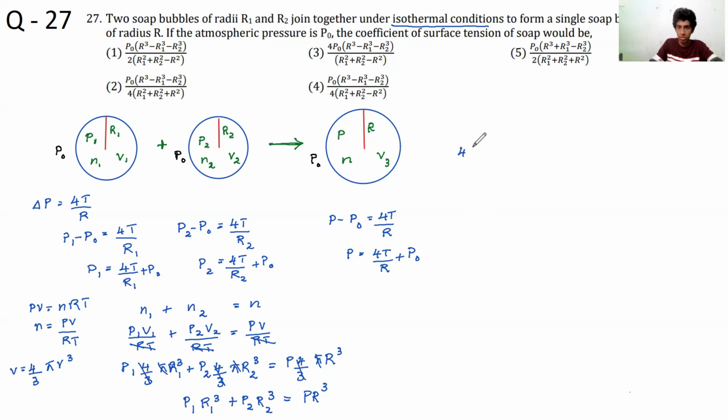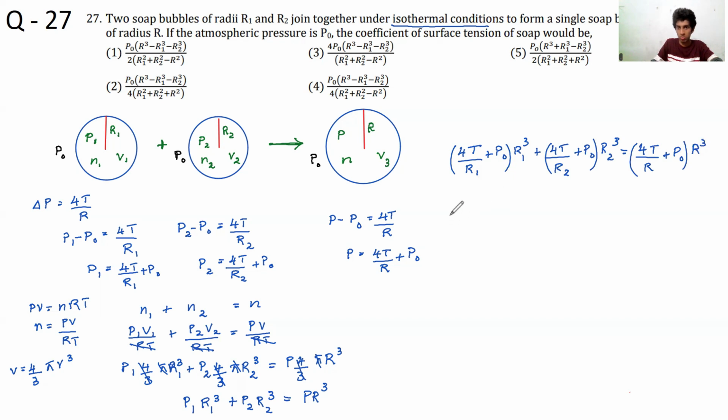Therefore, 4T over R1 plus P naught into R1 to the power of 3 plus 4T over R2 plus P naught into R2 to the power of 3 will be equal to 4T over R plus P naught into R to the power of 3.